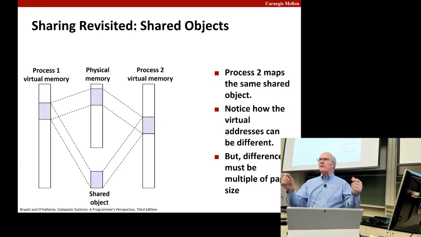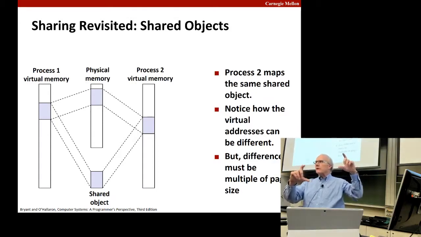So in other words, page table entries that both map to the same page, but from different virtual addresses and different processes. And you'll see that the two don't even have to be the exact same virtual address, but everything is done in multiples of the page size.